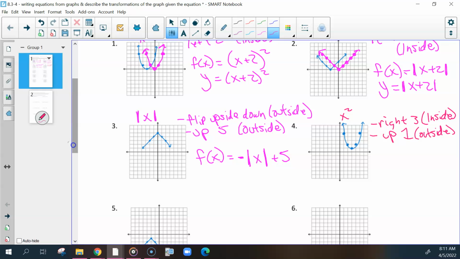So now that we know those two things, it's going to start off as y equals, how would we write it? We have to do the inside part first. X minus 3. X minus 3 is always opposite. And parentheses.